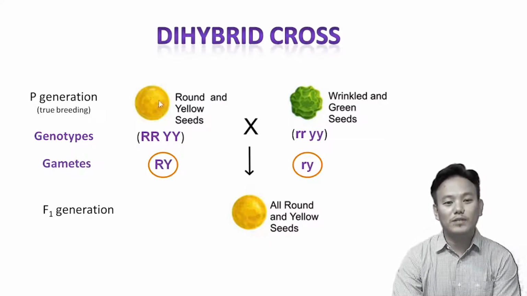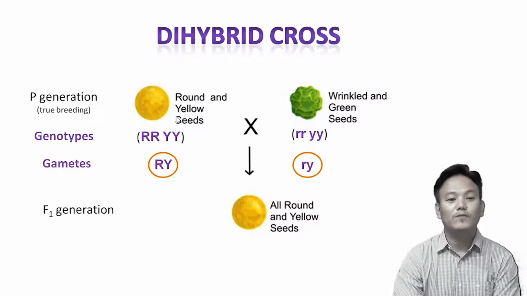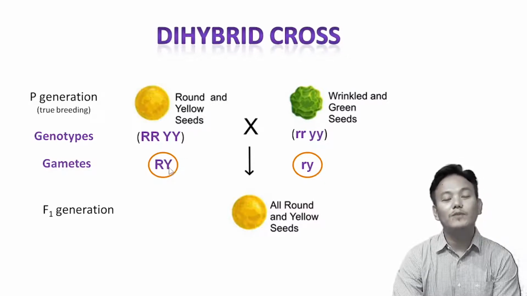This particular parent, which is producing round and yellow seed, will produce gametes which have one capital R and one capital Y. And this particular parent plant, which is producing wrinkled and green seeds, will also produce only one type of gamete, that is having one small r and one small y.